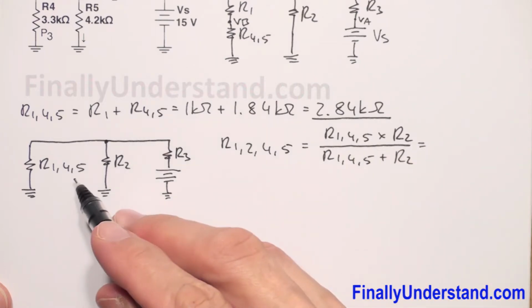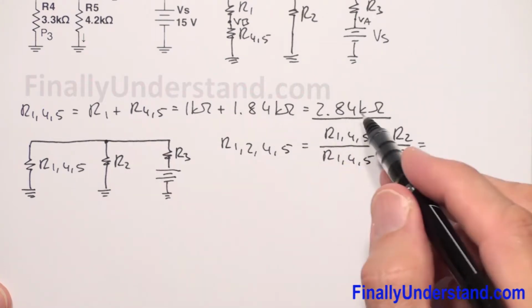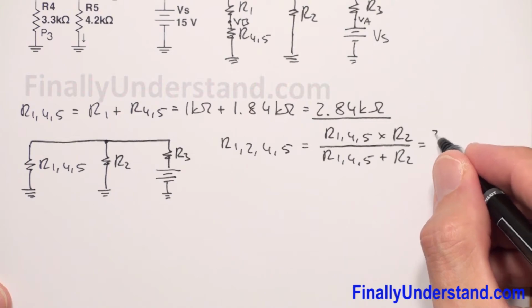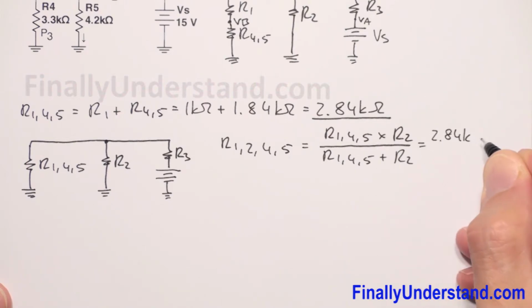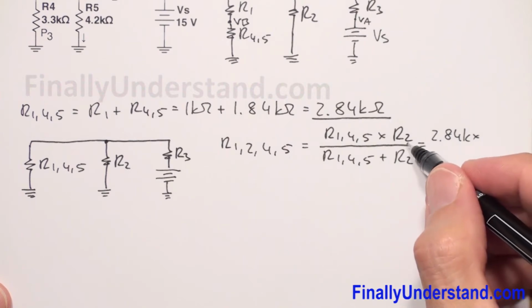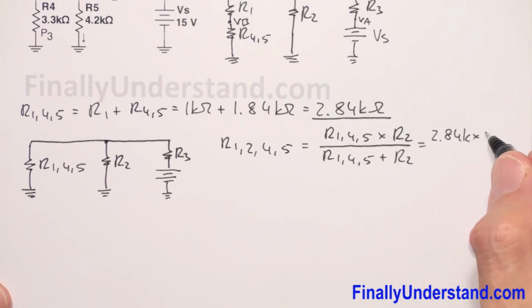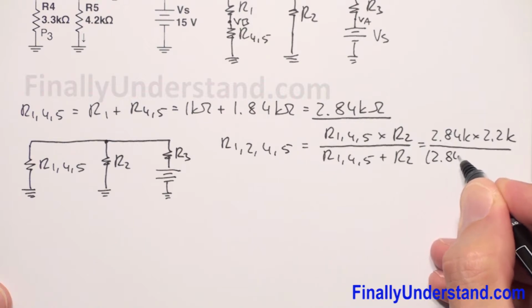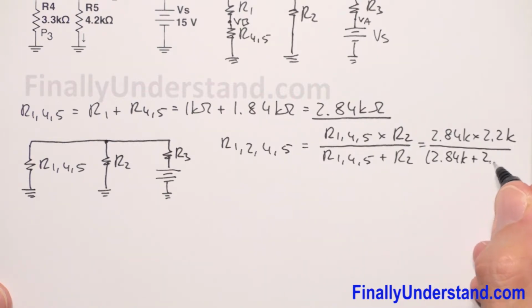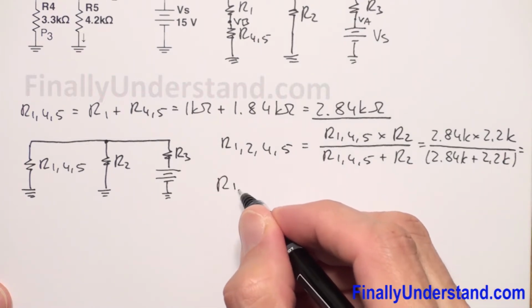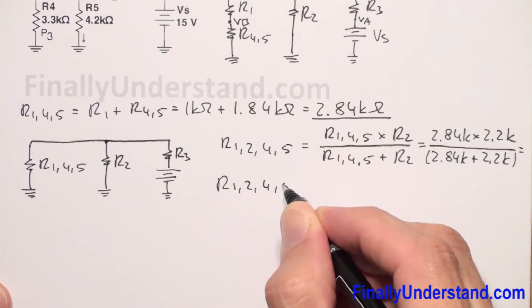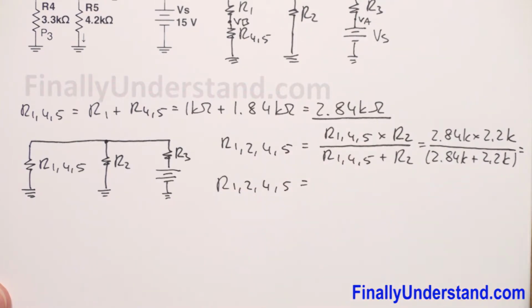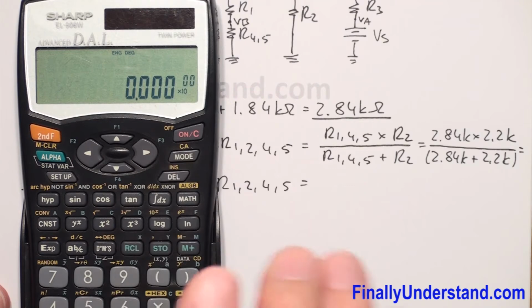So we have R1245 is equal to 2.84K times R2. R2 is equal to 2.2K, over 2.84K plus 2.2K.